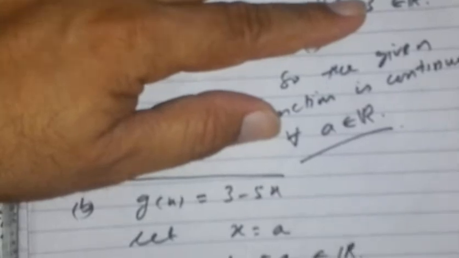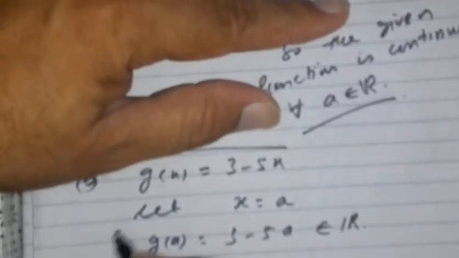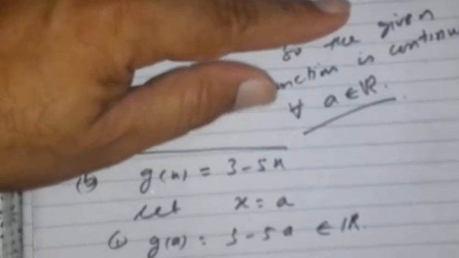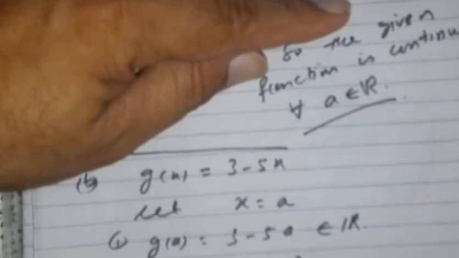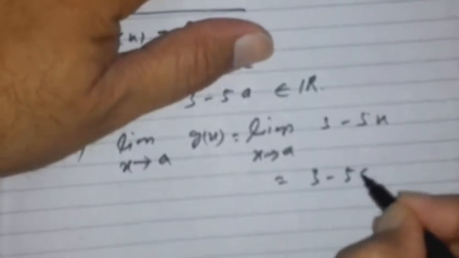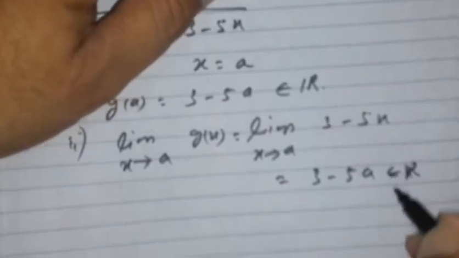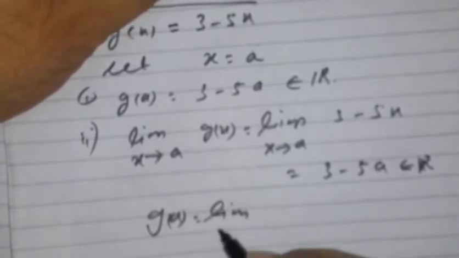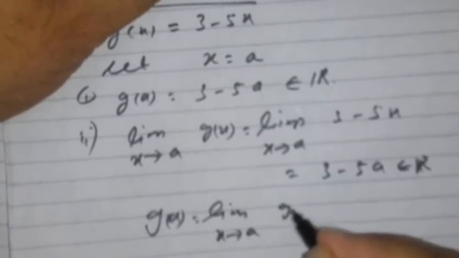Now the second condition: the limit as x approaches a of g of x equals the limit as x approaches a of 3 minus 5x, which equals 3 minus 5a, belonging to R. It also exists, and g of a equals the limit as x approaches a of g of x.